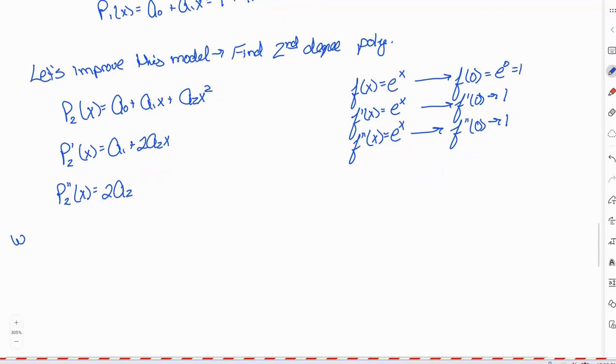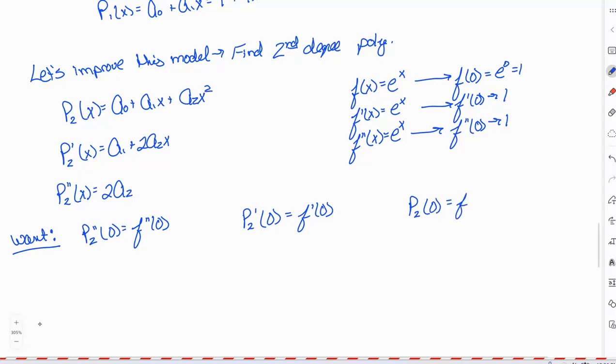So what do we want to happen? We want the second derivative at 0 to equal f double prime of 0. We want the first derivative at 0 to equal f prime of 0. And we want the original function at 0 to equal f of 0. That's going to give me some equations.